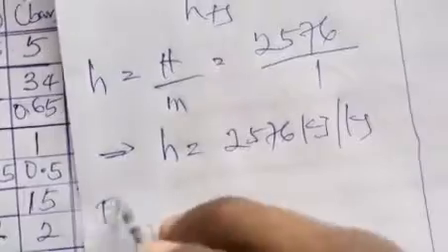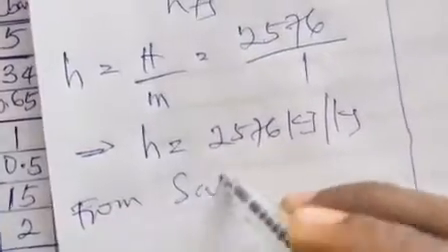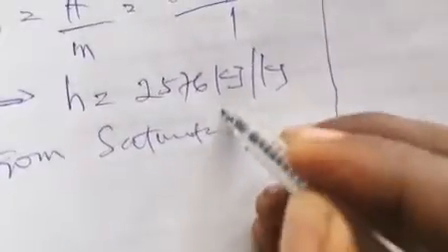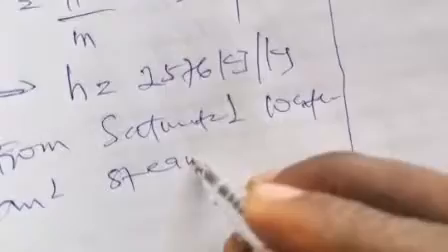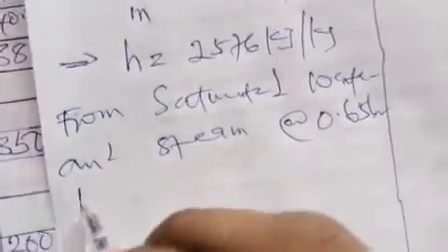So from saturated water and steam, corresponding to 0.65 bar, we need to find hf. Let's dive there now. Let me zoom this a bit.